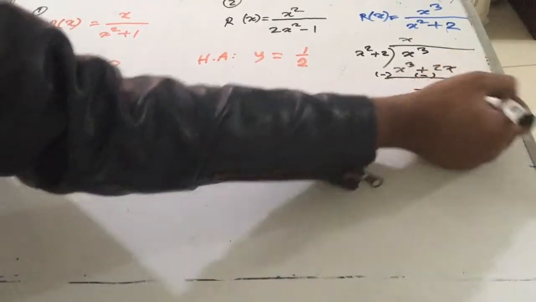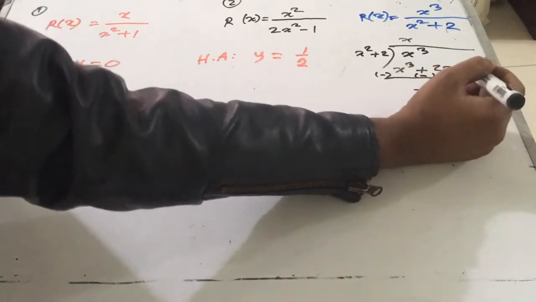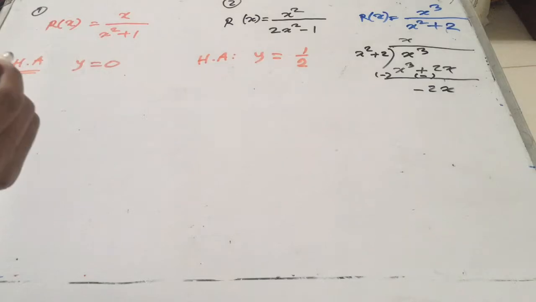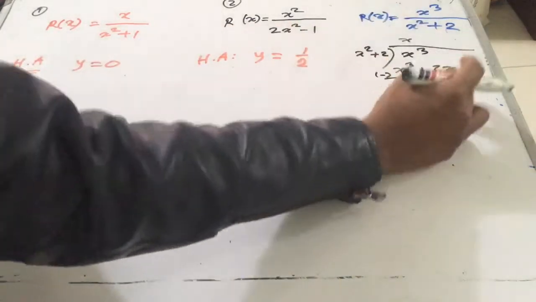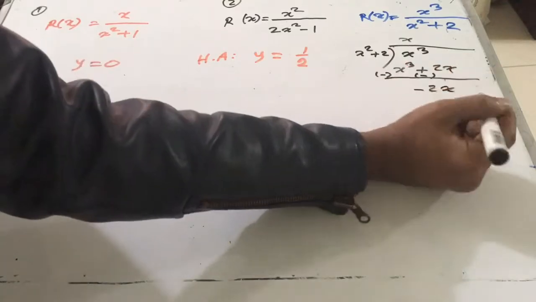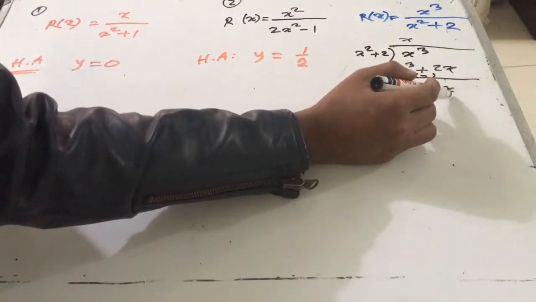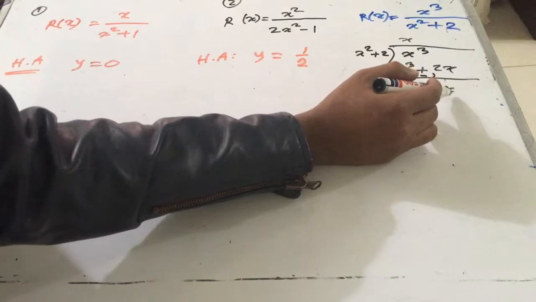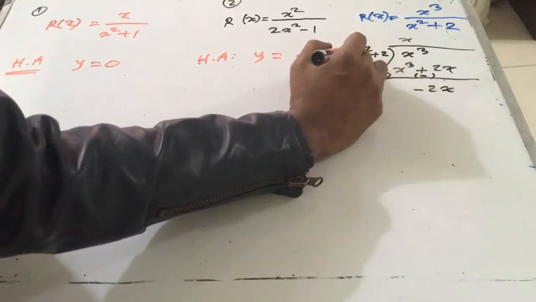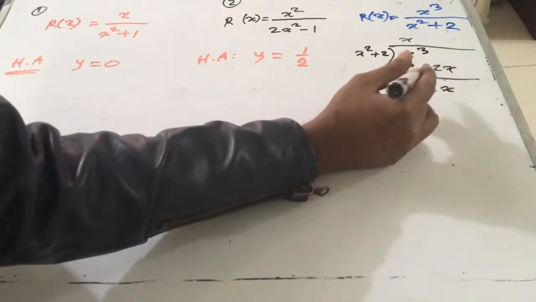This is minus twice x here. And you can see the power here is less. As the power is less than the divisor, we have to stop the calculation here.